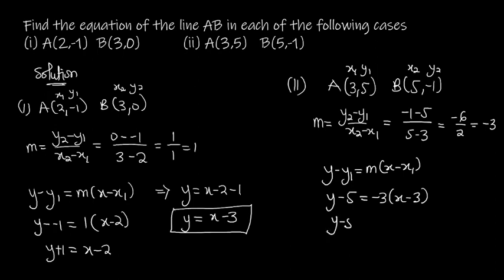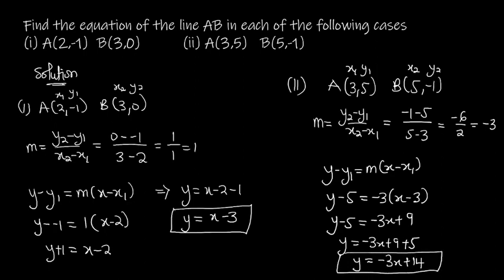So I have y minus 5 is equal to minus 3x plus 9. Now I have y is equal to minus 3x plus 9. Then I send the -5 to the other side, it becomes plus 5. So I have y is equal to minus 3x plus 14 as my equation of the straight line.